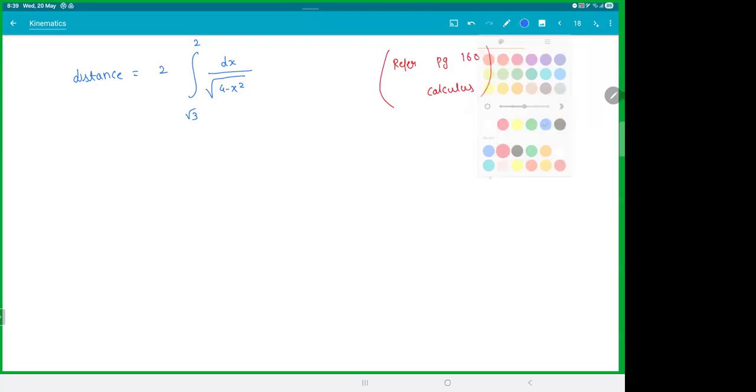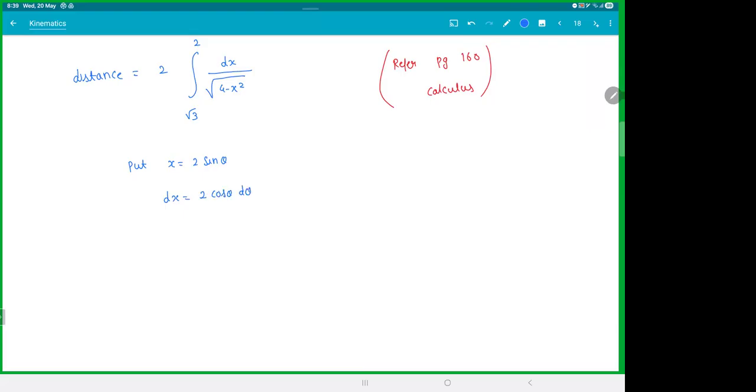So how do we do this? Integration by substitution. Put x is equal to 2 sine theta. dx will be 2 cos theta d theta. Substitute there. Numerator, dx will be 2 cos theta d theta. Denominator will become root over 4 into 1 minus sine square theta, that is also 2 cos theta. So 2 cos theta d theta by 2 cos theta, that is integral d theta.